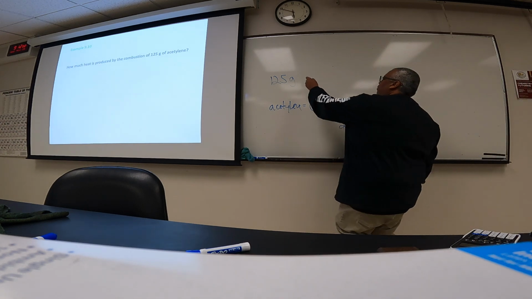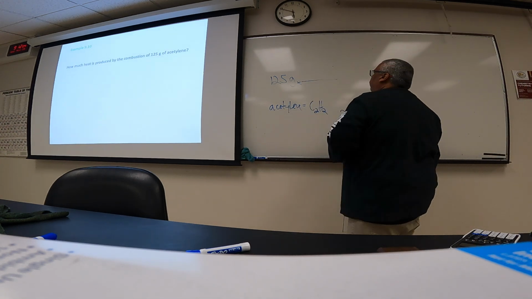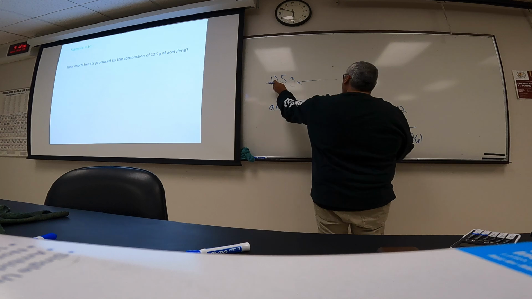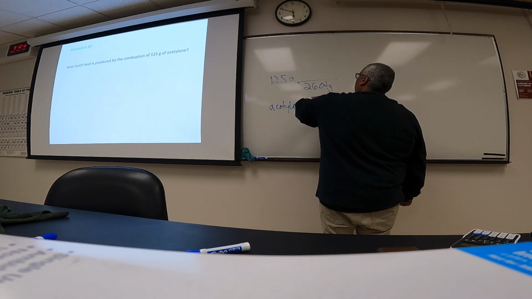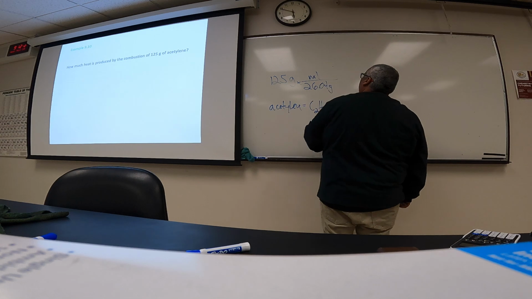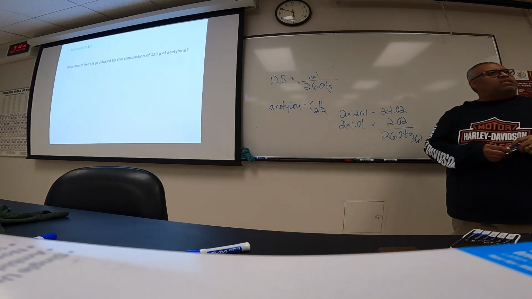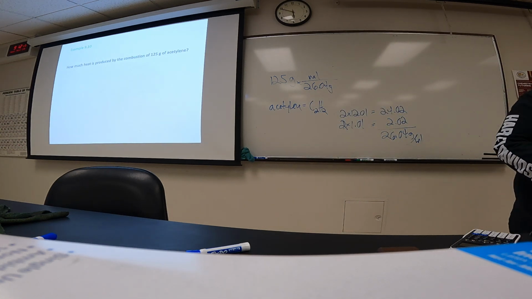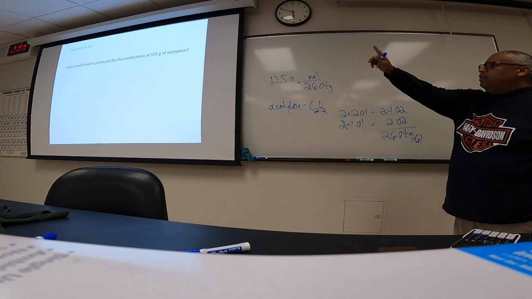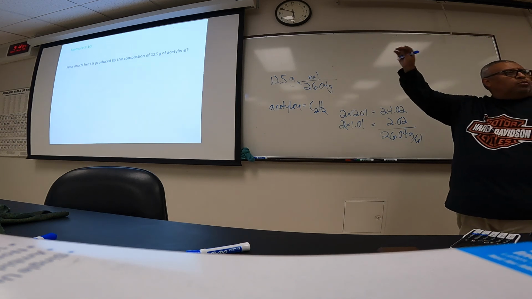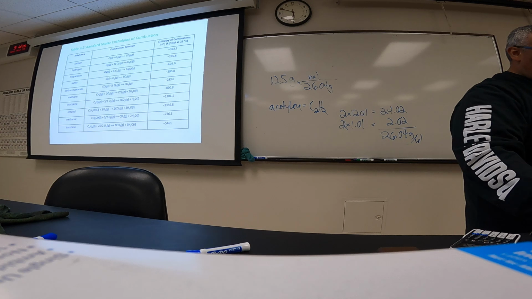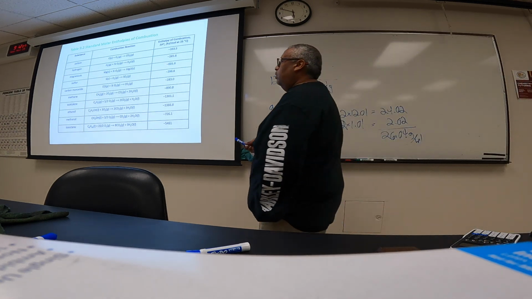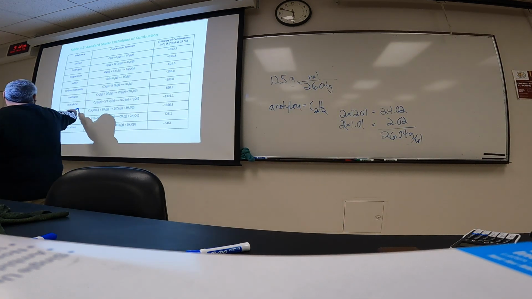If I have 125 grams of this, then we're going to put 26.04 grams of acetylene for every mole of acetylene. We didn't need to use density here because we weren't given volume, so density was not required. But we do need to know the enthalpy.